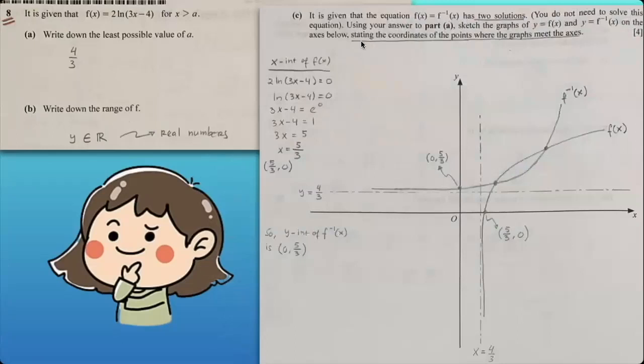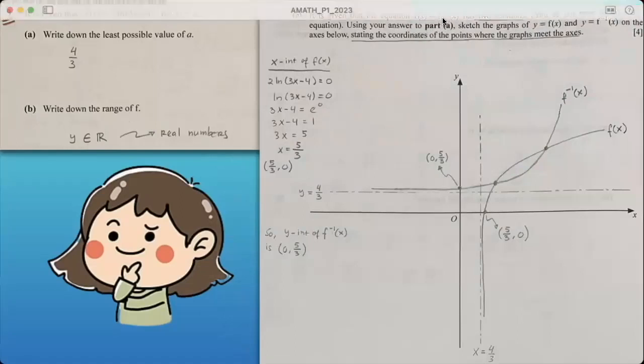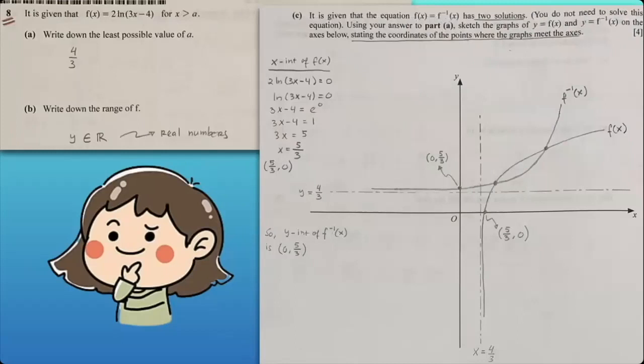Next, part C, it is given that the equation f of x is equal to f inverse of x. So that's power of -1. That means the equation has 2 solutions, meaning 2 intersections. And the question tells us we don't need to solve this, or we don't need to find the x.